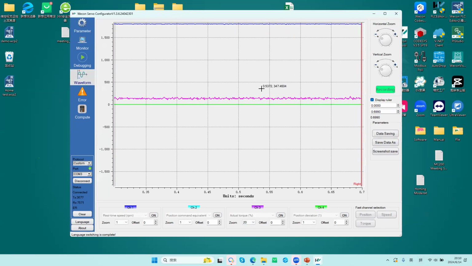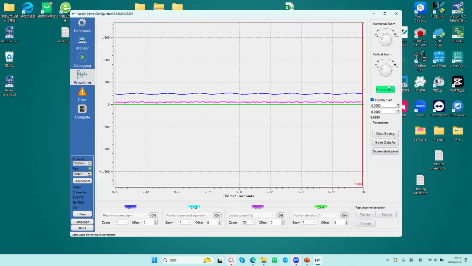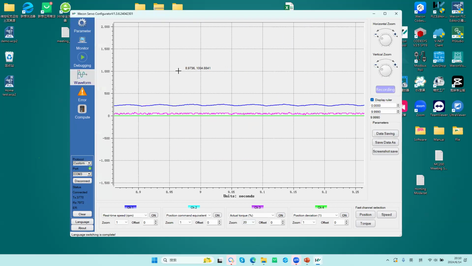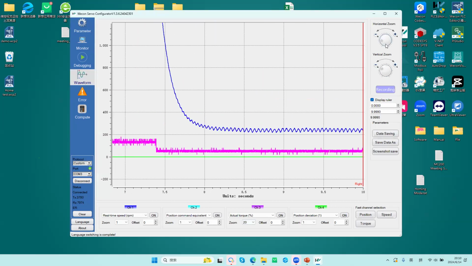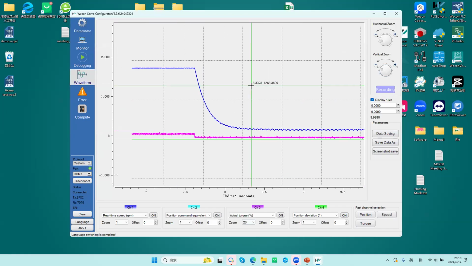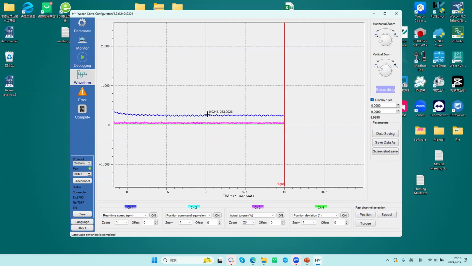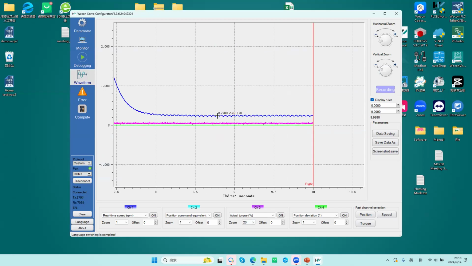Check again. Now I will reduce the torque to 3%. You can see from these points, when the torque of the motor is changed from 8 to 3, the speed of our motor slows down, and then keeps at this value.